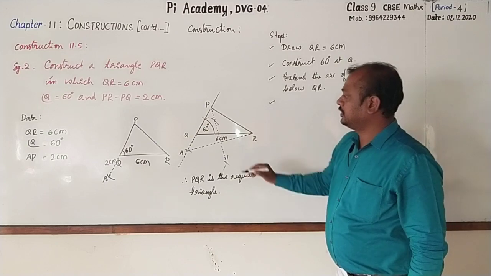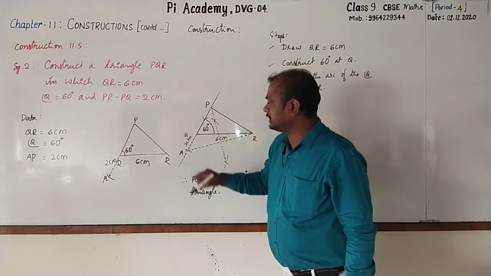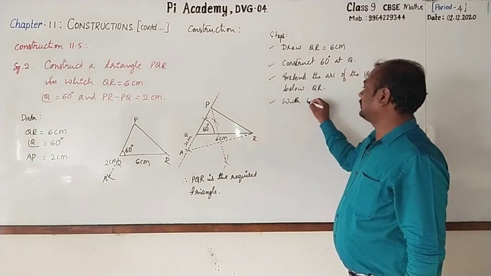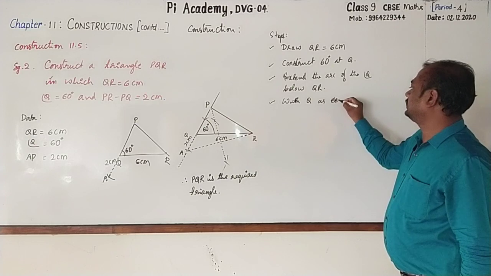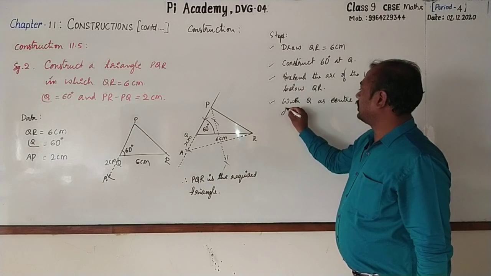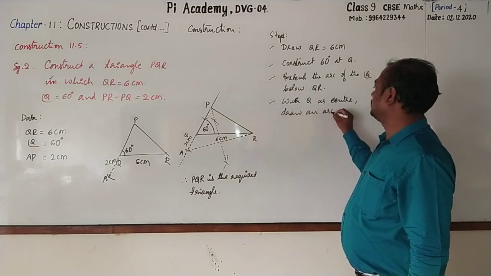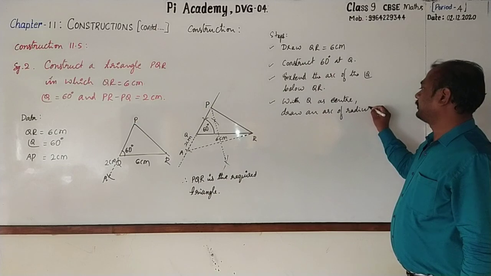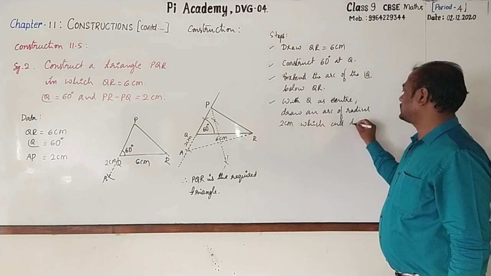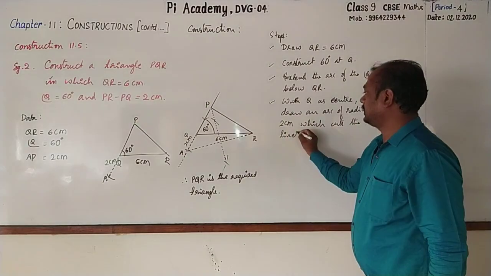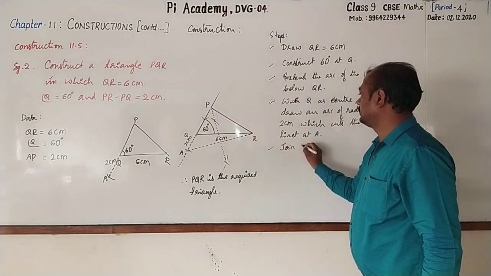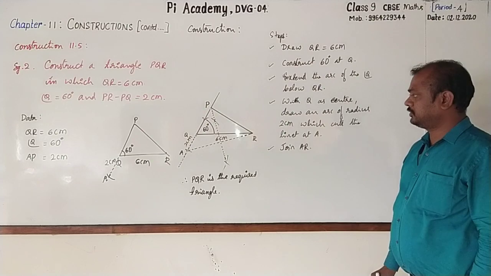Next, what is the distance from A to Q? It is 2 cm. With Q as center, draw an arc of radius 2 cm which cuts the line at A. Next, join AR.